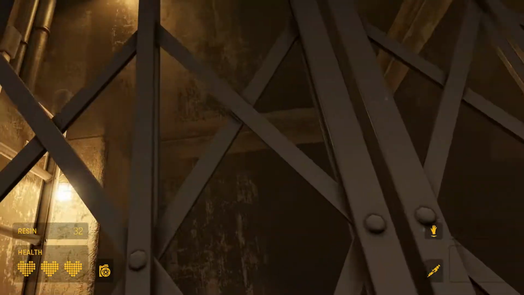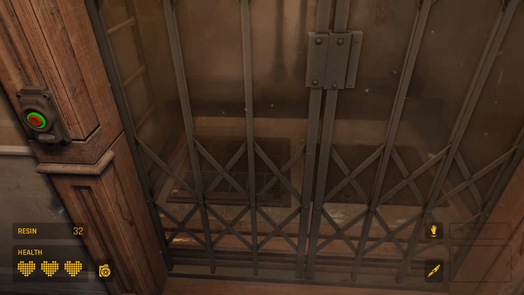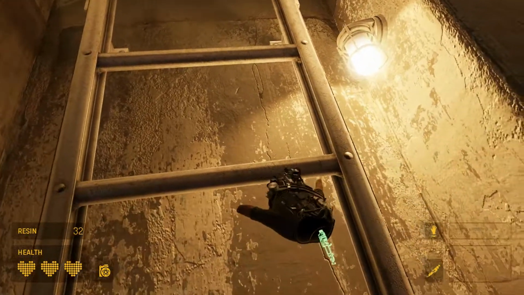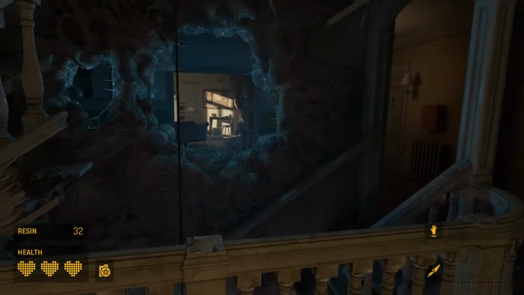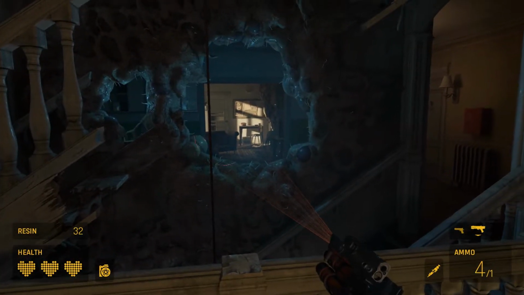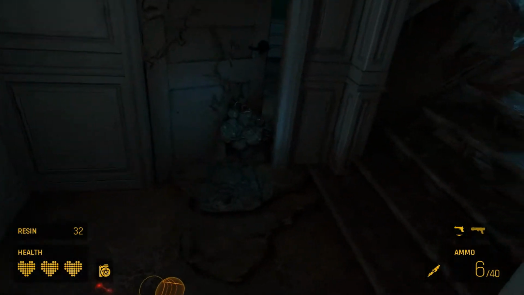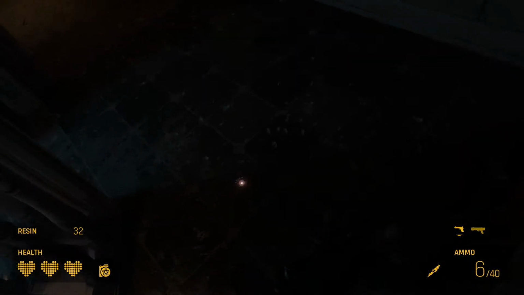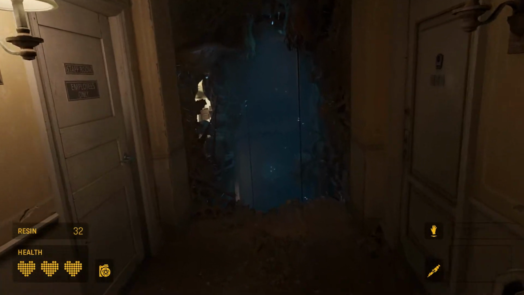Ooh, power back on. And up we... Looks like we're taking the ladder. This place is overgrown.